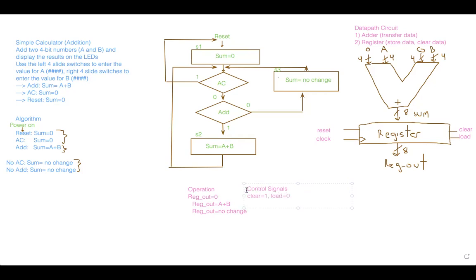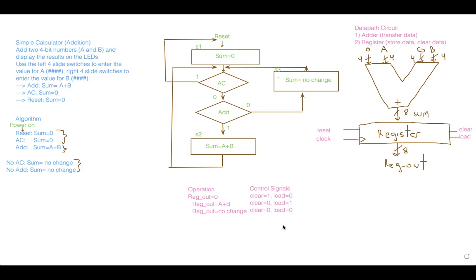Where if we add the two together, that means we did not clear the input, but we did load to do the summation of the two. So we loaded in A and B. Reg out, no change. That means we didn't clear, but we also didn't load in anything because we didn't change the values.